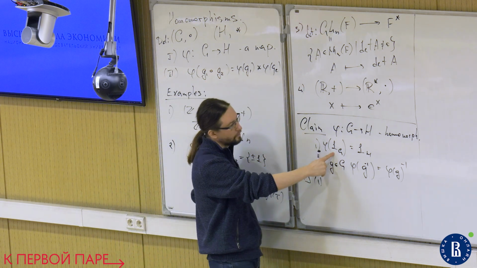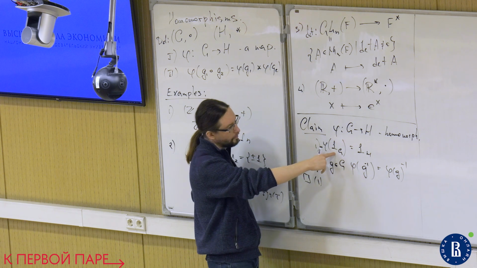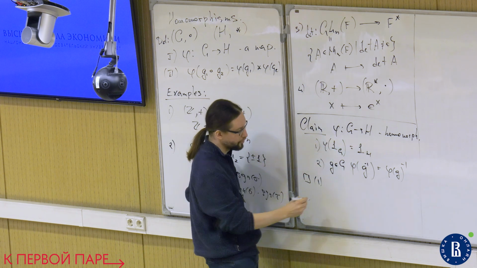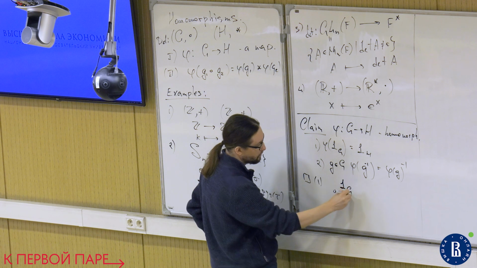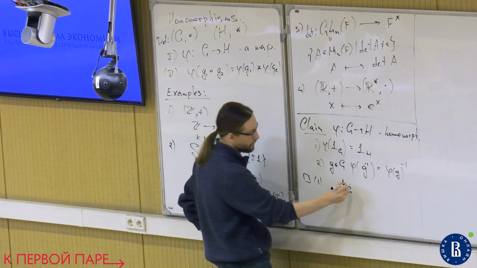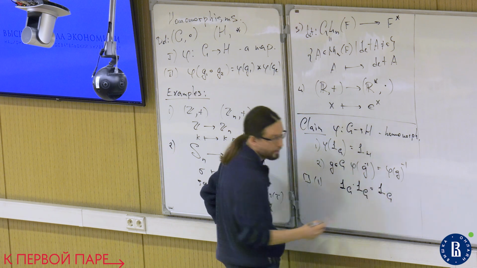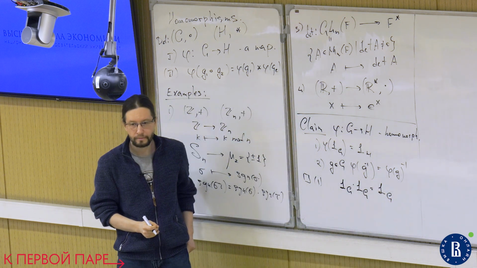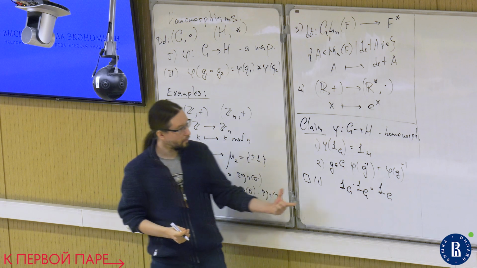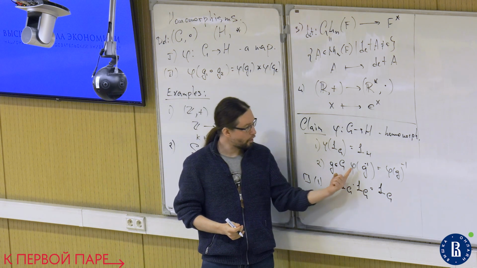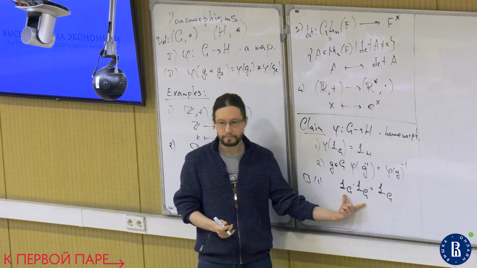So let's start with the definition of the neutral element of the group G. Well, if we take the neutral element here and multiply it by itself, we will get the same element again. Now, we can apply our homomorphism to this equality.